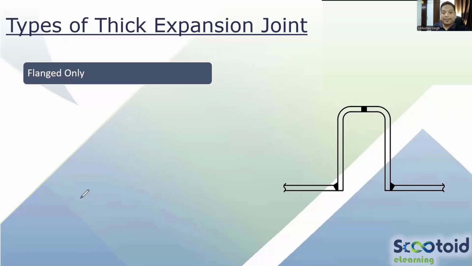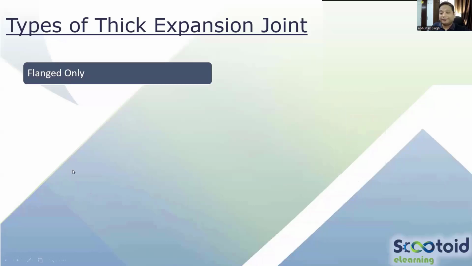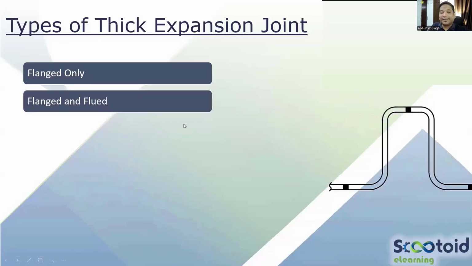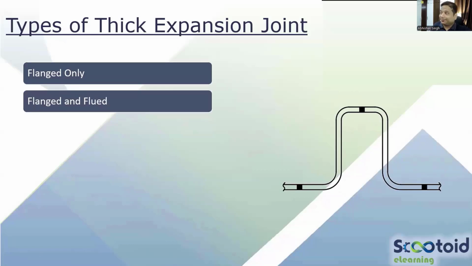The second configuration you can have is flanged and flued. So this is flanged and this is flued. Here again, the configuration is kind of flanged because it's a straight face. Most codes refer to it as flanged.